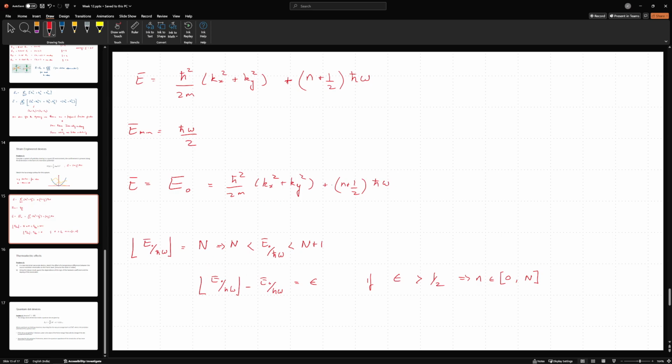So the remainder of the energy can be occupied by this. If epsilon is less than half, that implies n belongs to 0 to N minus 1. Of course, in both of these cases, n is an integer.